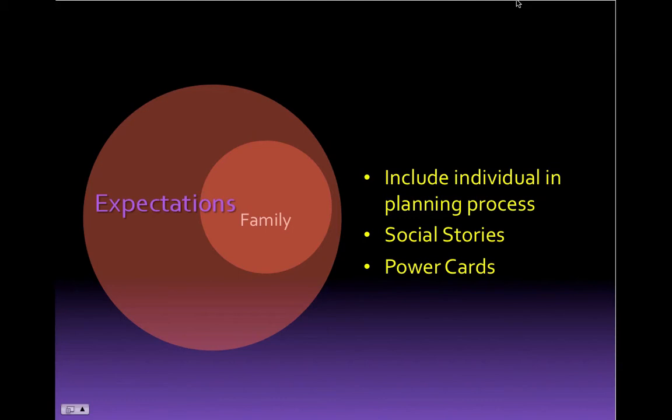Finding ways to include an individual in the planning process is a very strong strategy, and not only gets people to buy in to the situation, but it's empowering and helps build good self-esteem. So let's look at some ways to do this.